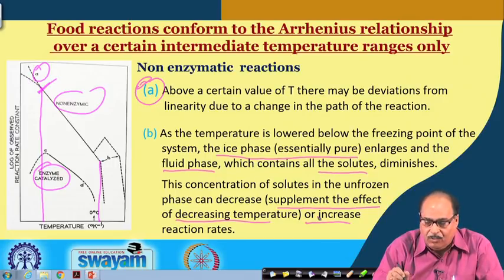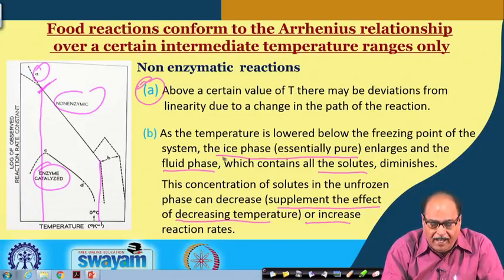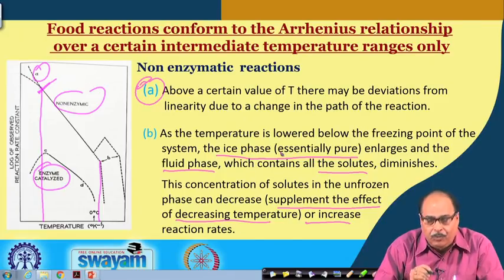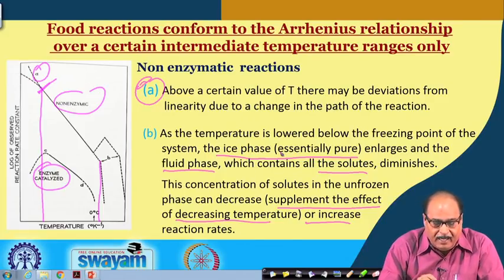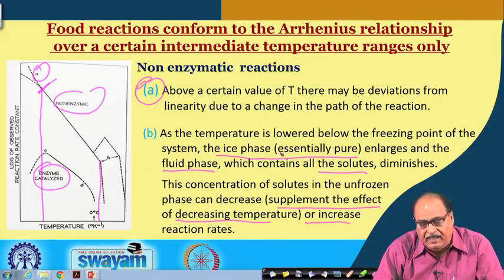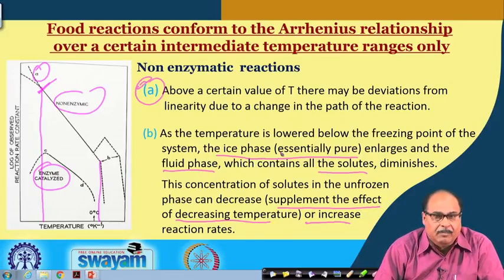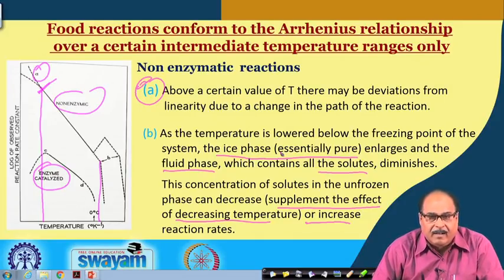When the temperature is lowered below the freezing point of the system, with the progress of time the ice phase, which is essentially pure, enlarges, and the fluid phase, which contains all the solute, diminishes, and the concentration of the solutes in the fluid phase increases.